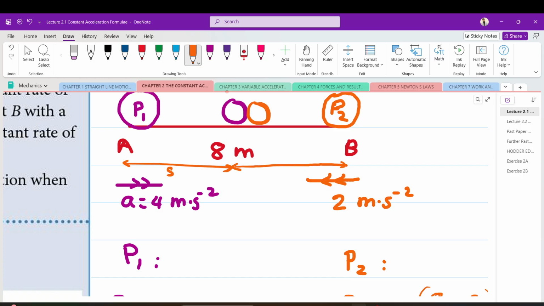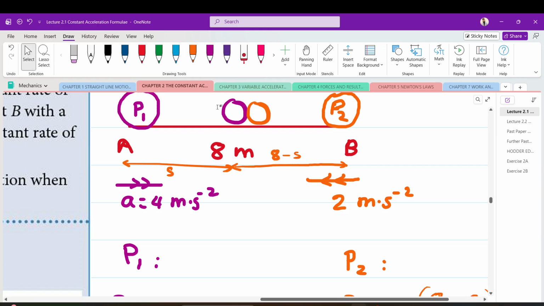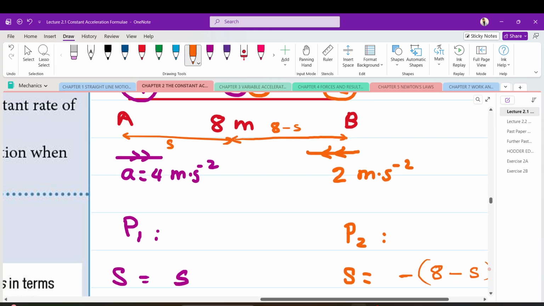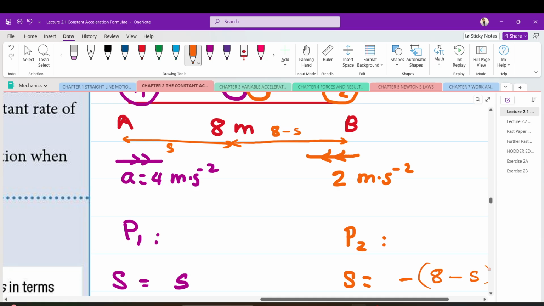Because P2 has also traveled some distance, this distance would be 8 minus S, because the total distance was 8, and from point A till the point that they meet, that is S. So I'm going to write this as 8 minus S. But notice why there's a negative sign: because the particle is moving towards the left. This displacement was covered in the left-hand side direction, so therefore this will be a minus sign.